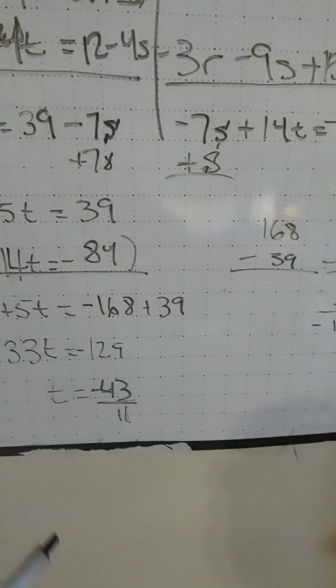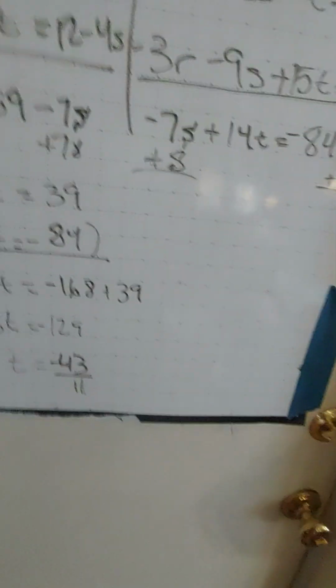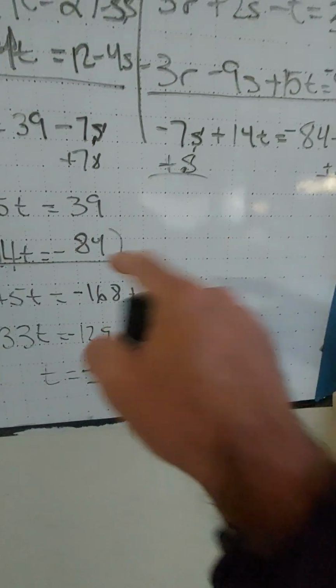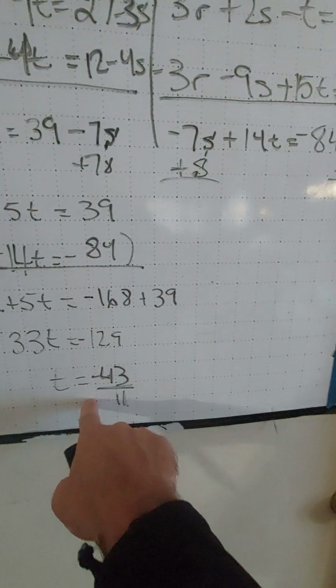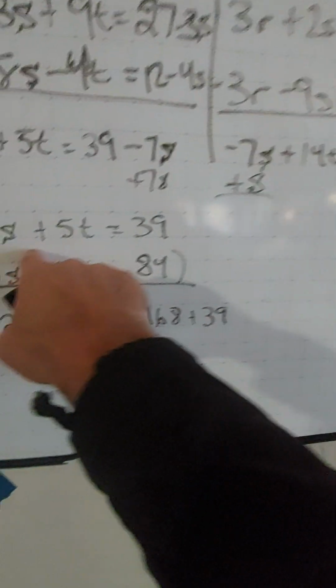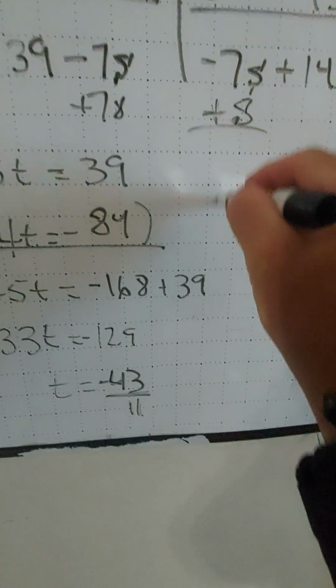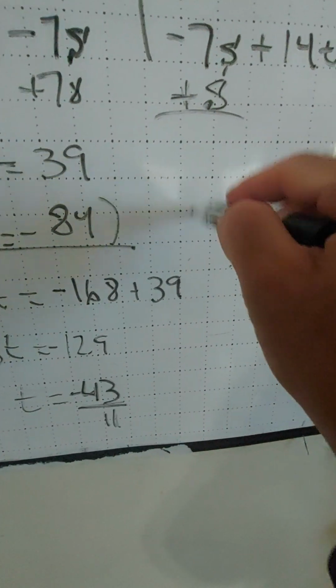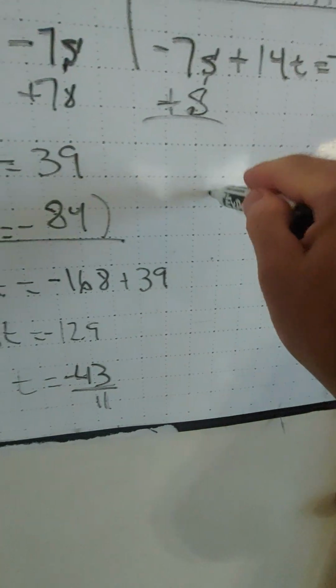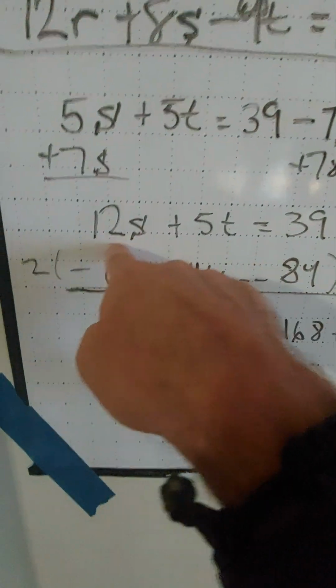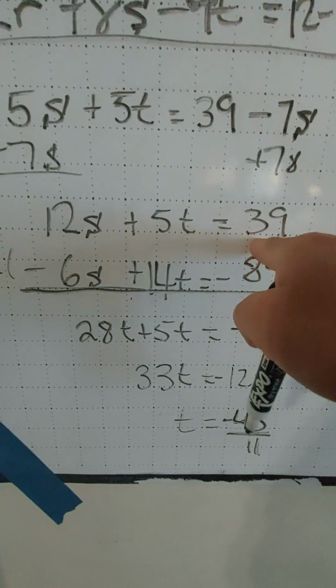Okay, to find the other values, what I could do here is go back to the original equations and substitute in. So I know what t is now, so I can find s in terms of t. If my pen was writing, I would have 12s plus 5 times t equals 89.